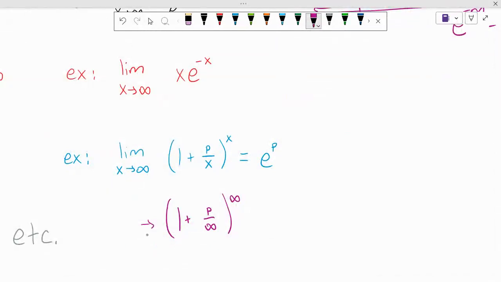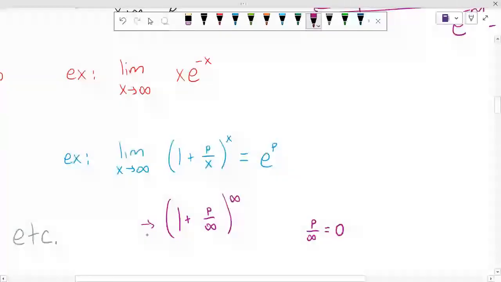when you have a number divided by infinity in a limit, we do consider this to be equal to 0. And we'll talk more about rules of how infinity works later. But when you have a number divided by infinity, we consider that equal to 0.